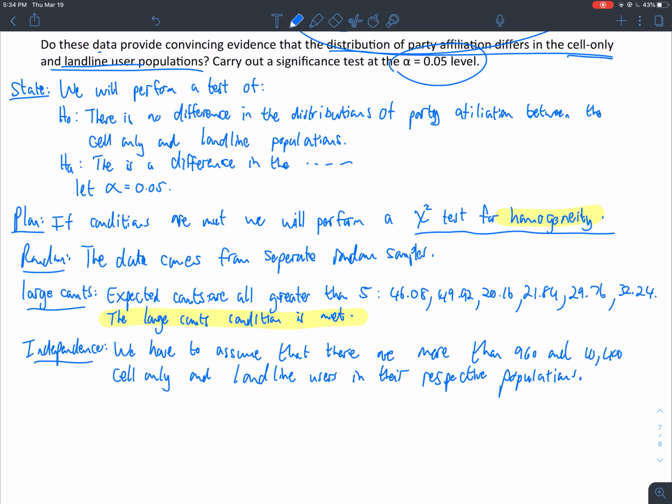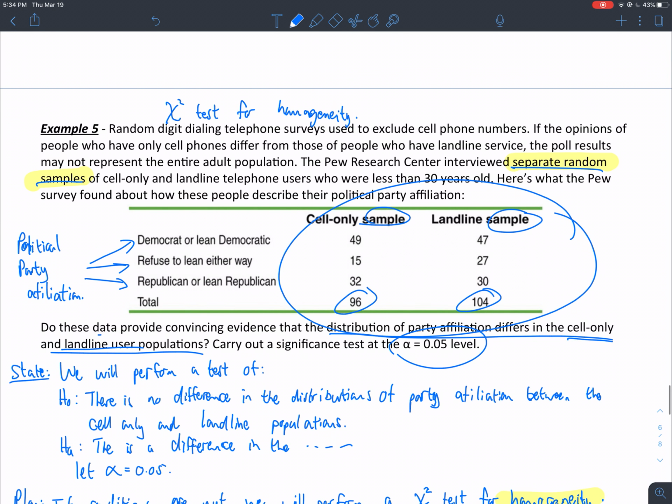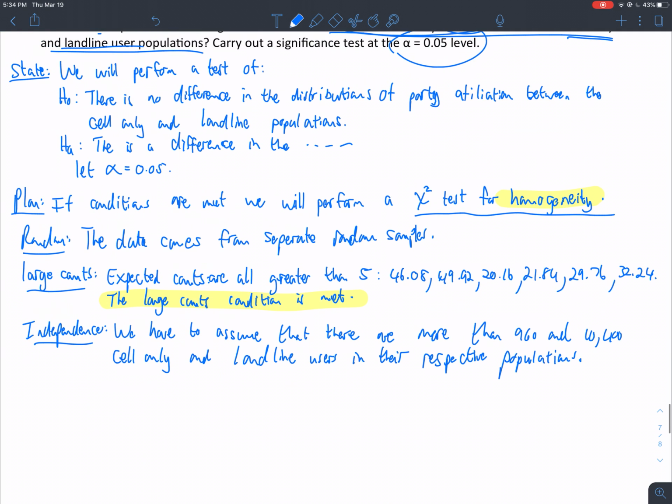And then they're separate random samples, so the samples themselves should be independent. The people within the sample should be independent, and then the samples themselves should be independent.